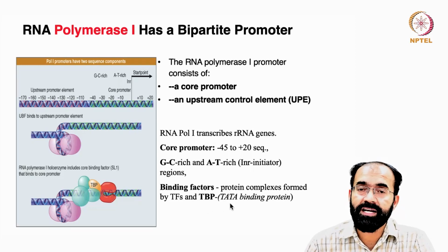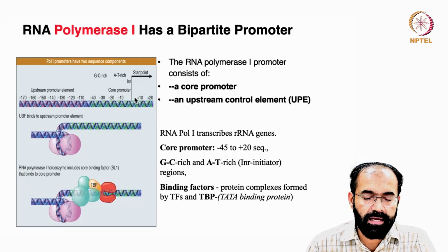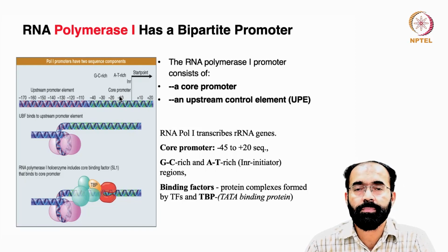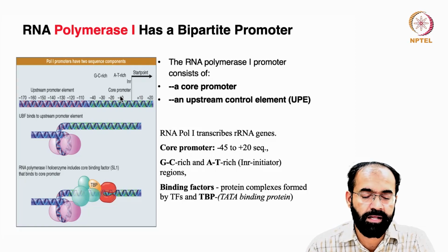That means TATA binding proteins become handy even in polymerase 1, and its cartoon is shown here on the left hand side. You have this DNA and there is a start point here, and it has an AT rich immediate upstream region, because that place is much easier for opening up, just like you saw in the case of transcription termination.